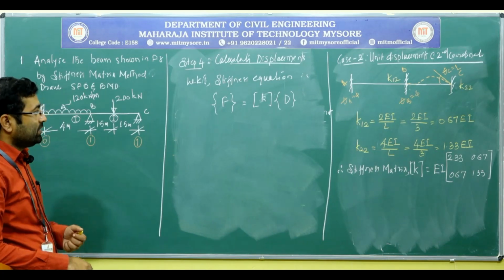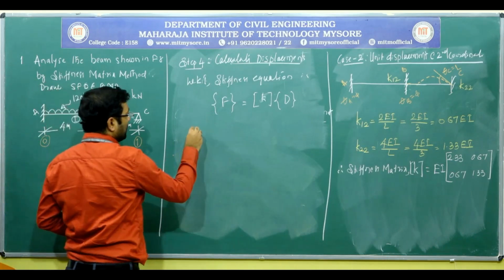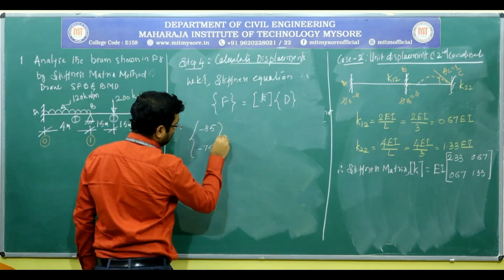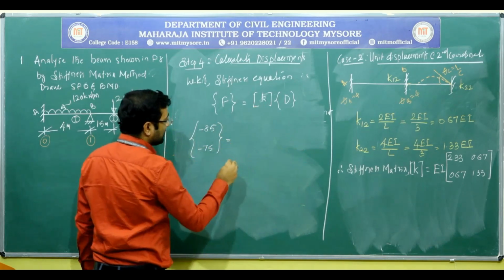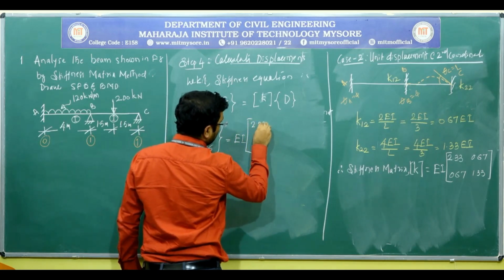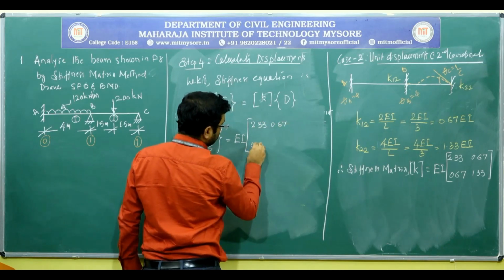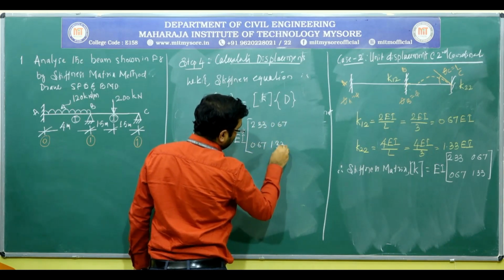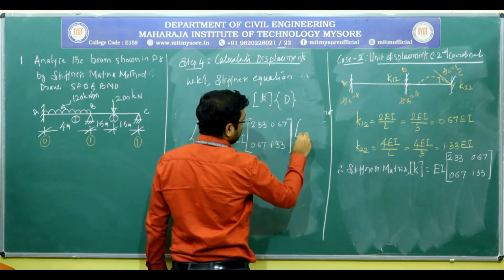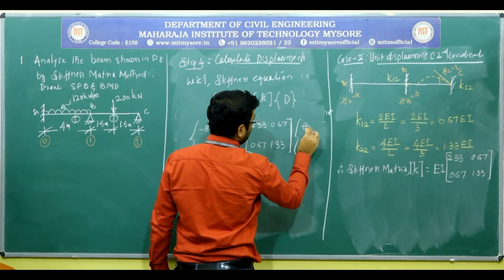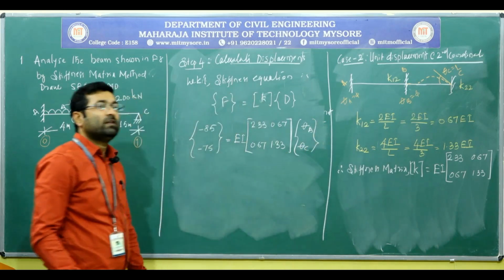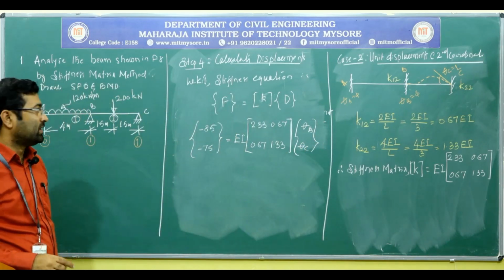As per our calculations, the force matrix F is minus 85 and minus 75, which is equal to the K matrix. The K matrix we have as EI into 2.33, 0.67, 0.67, 1.33, into the displacement matrix. The displacement matrix is theta B and theta C. So we have to determine theta B and theta C.